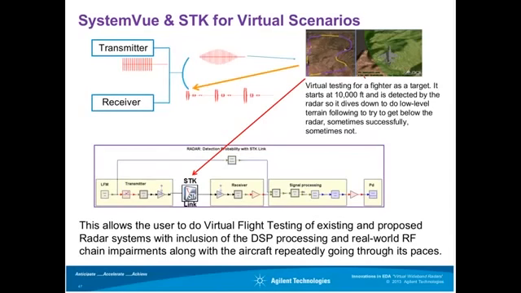We take the signal from SystemVue, calculate the parameters based upon the physical results of the radar cross-section, the path loss, the path delay, Doppler shift, and everything at those time points, and process it back in through SystemVue and do the digital signal processing that Din-Ching so aptly just demonstrated.